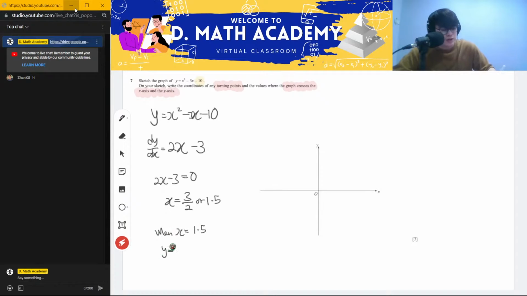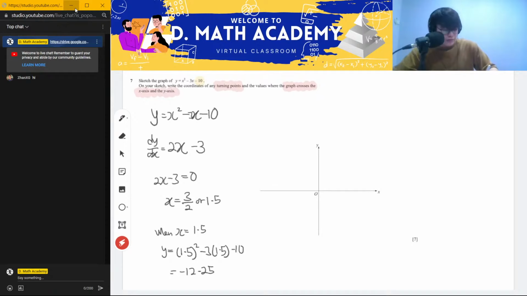So you just put in 1.5 squared minus 3 times 1.5, and minus 10. Complete your calculation. You get your turning point here as 12.25. You have no choice but to label and show them for this.